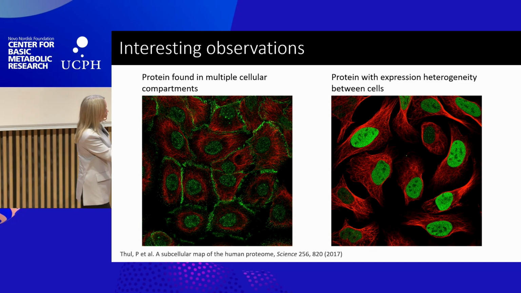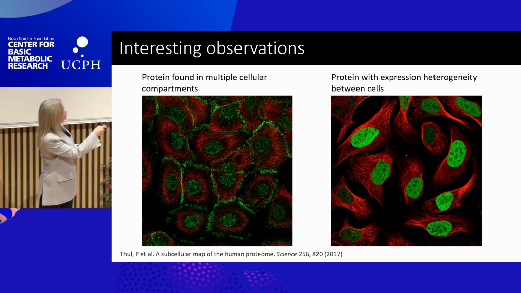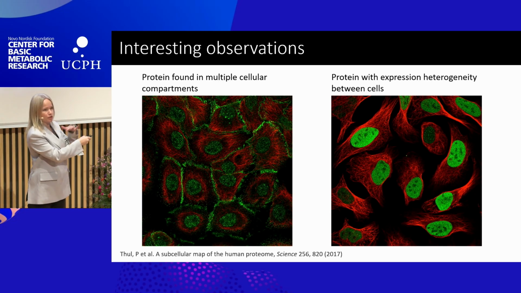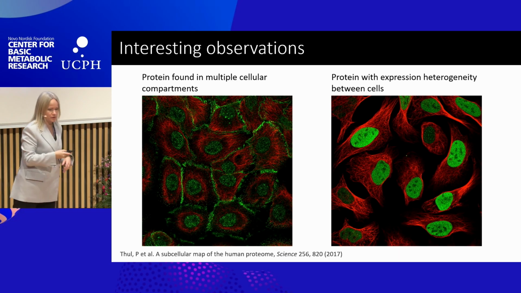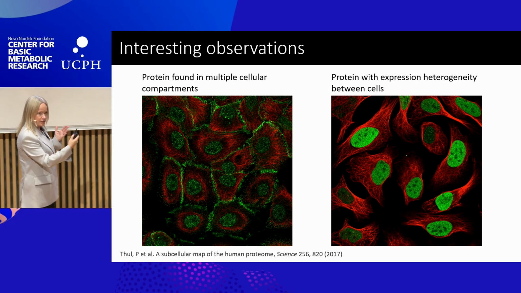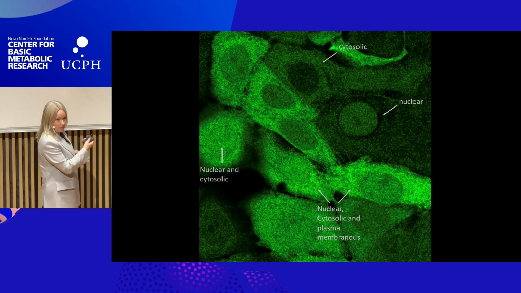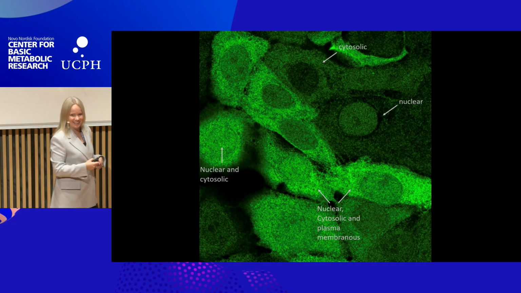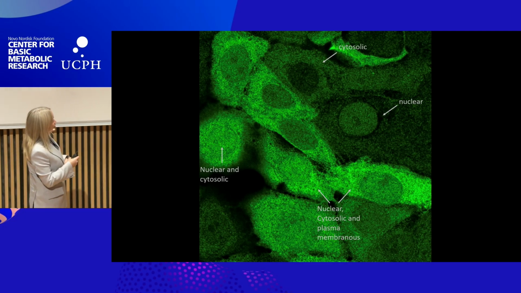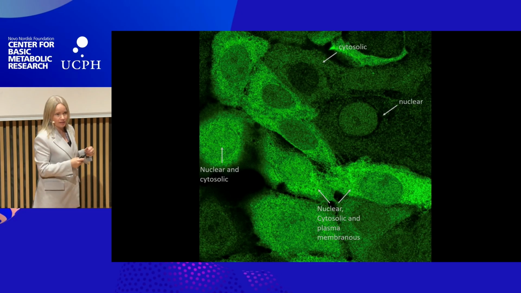And then we're also quite interested in proteins like this that show heterogeneity within this homogeneous cell population. So this is actually a cell cycle protein, and we know it's highly expressed in some cells and lowly in others, for example. Most often, we see a combination of the two, so it looks something like this. And this is enolase 1. It's a very well-studied protein, and it has many known functions. So for example, here, we know that the glycolytic function happens in the cytosol.